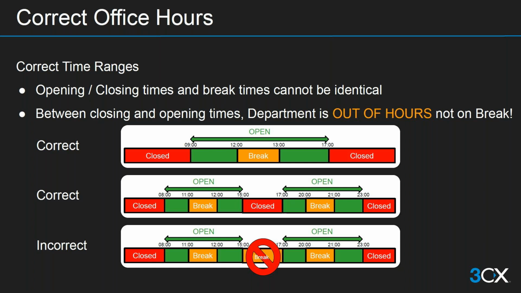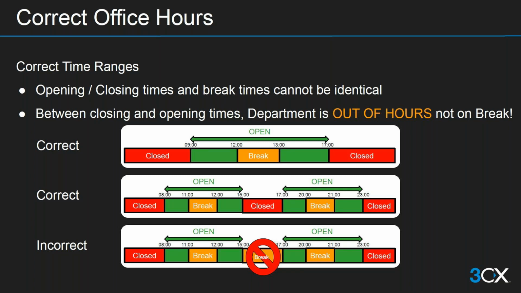Now, if I would want to have in the middle there what is closed between 3 and 5 p.m., if I would want to have a break in there, then I would have to set the open hour from noon to 8 p.m. and define a break in the middle.